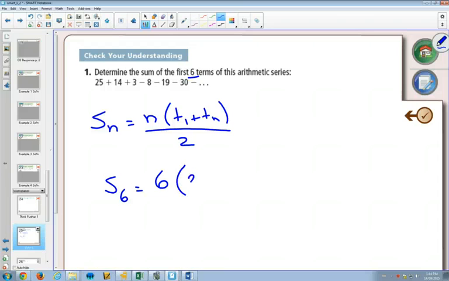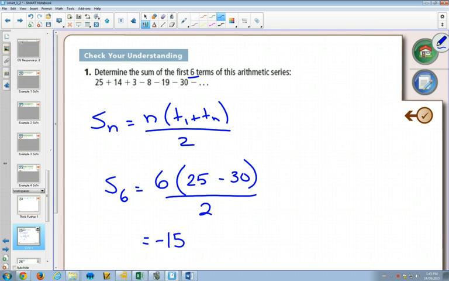Term 1 is 25. The last term, which is the 6th one, is negative 30. Divide by 2. Negative 5 times 6, negative 30 divided by 2 is negative 15. So we could use that formula to figure it out. We could have just added it up.